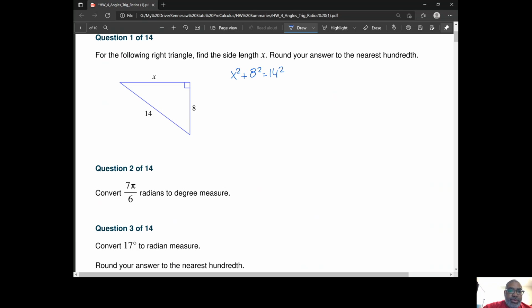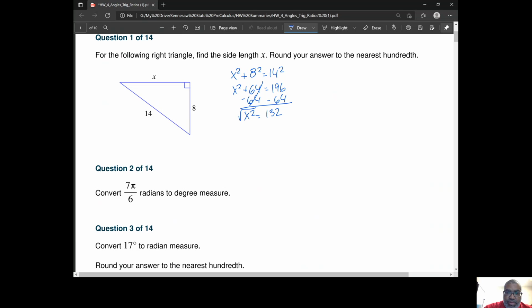So that's x squared plus 64 is equal to 196. Subtract 64 from both sides, and you get x squared is equal to 132.